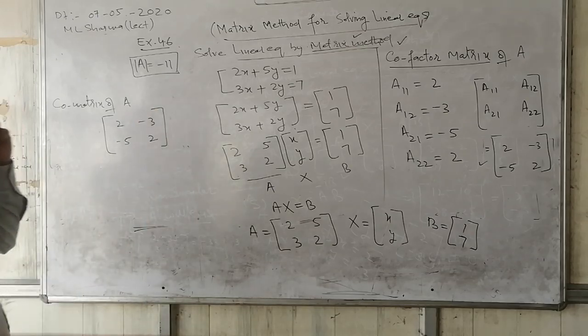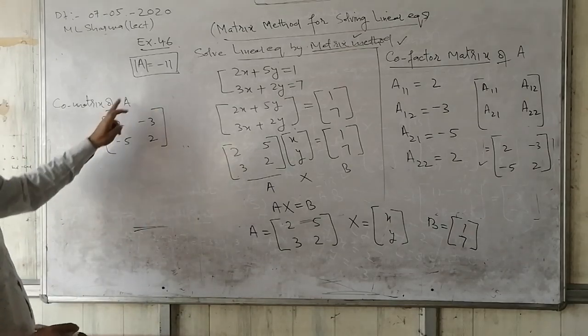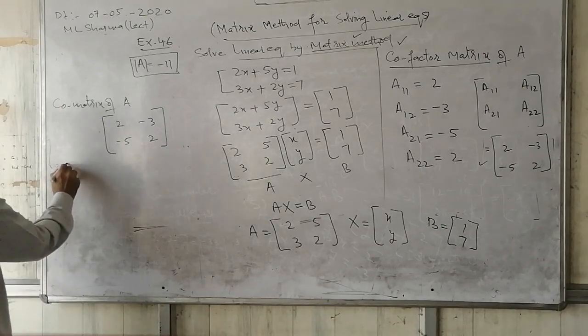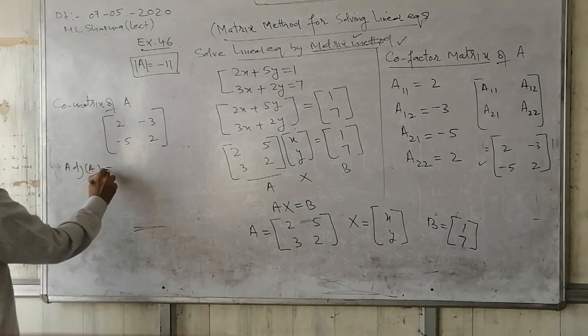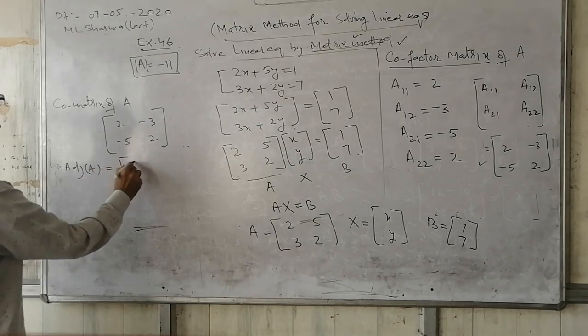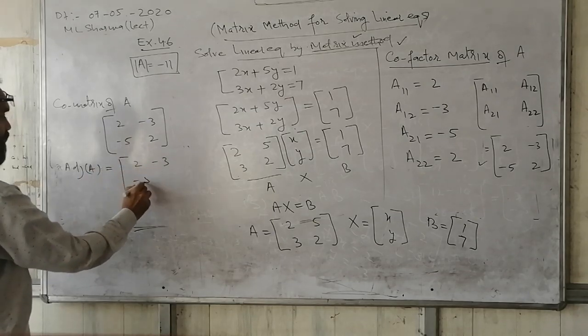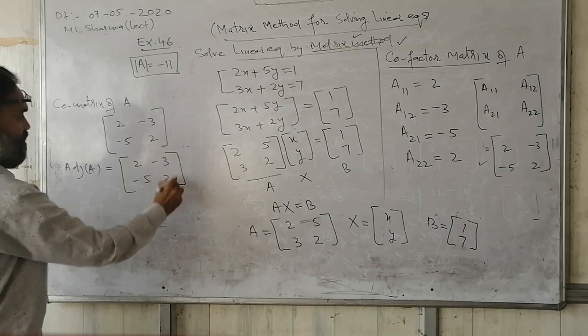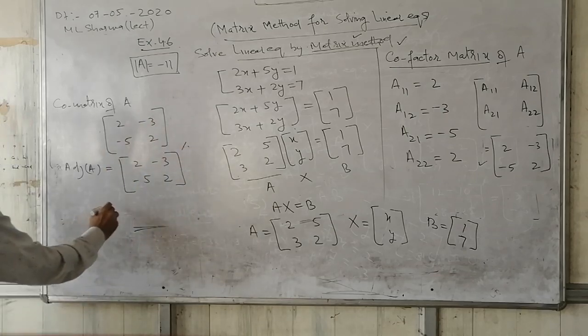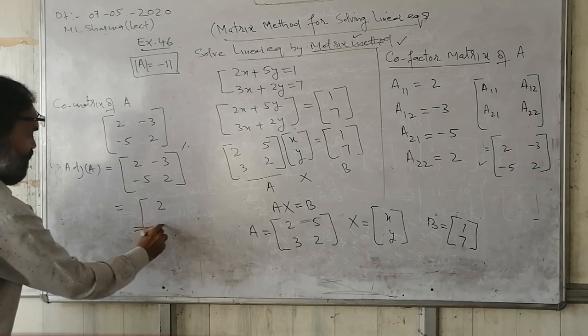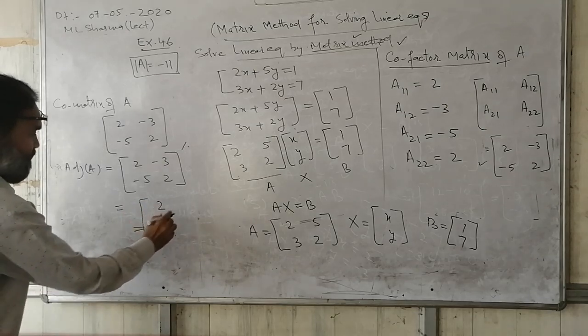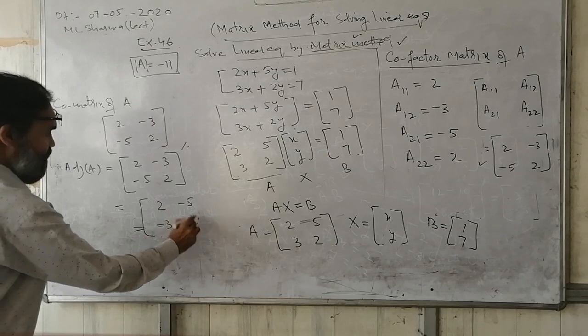Now I will have to find the adjoint of A. The adjoint of A is equal to this matrix 2, minus 3, minus 5, 2 to its transpose. So its transpose will be 2, minus 5, minus 3 and 2.